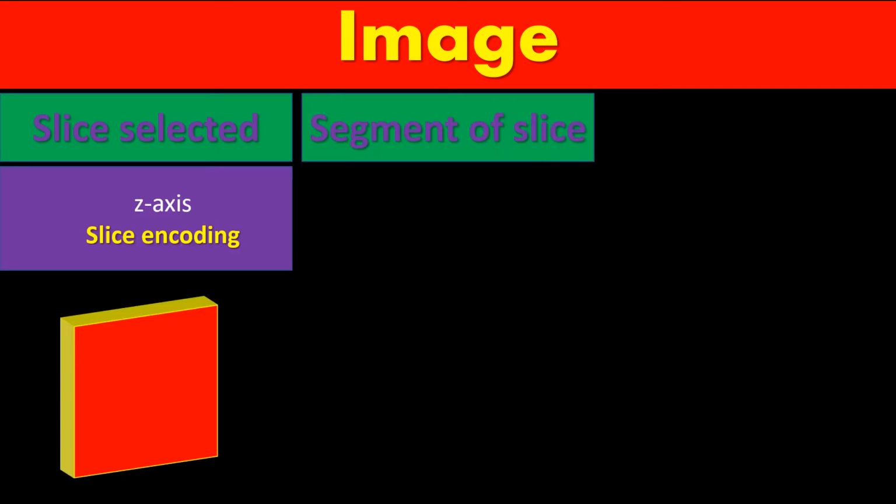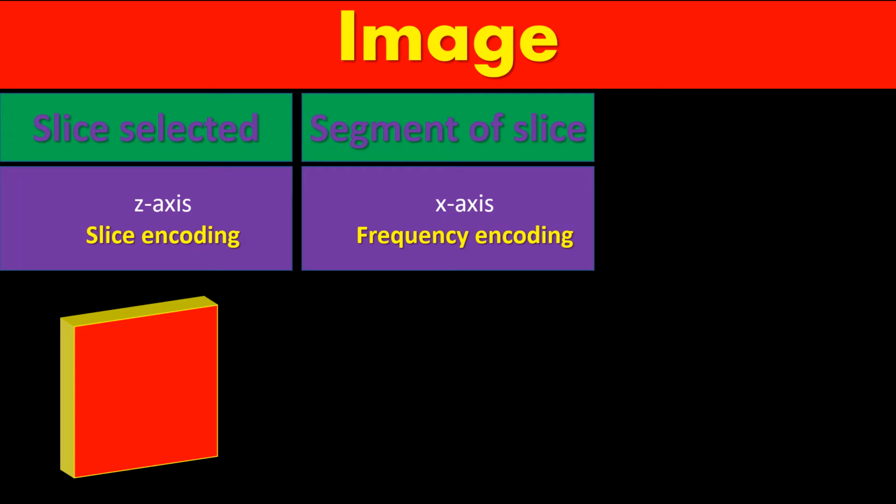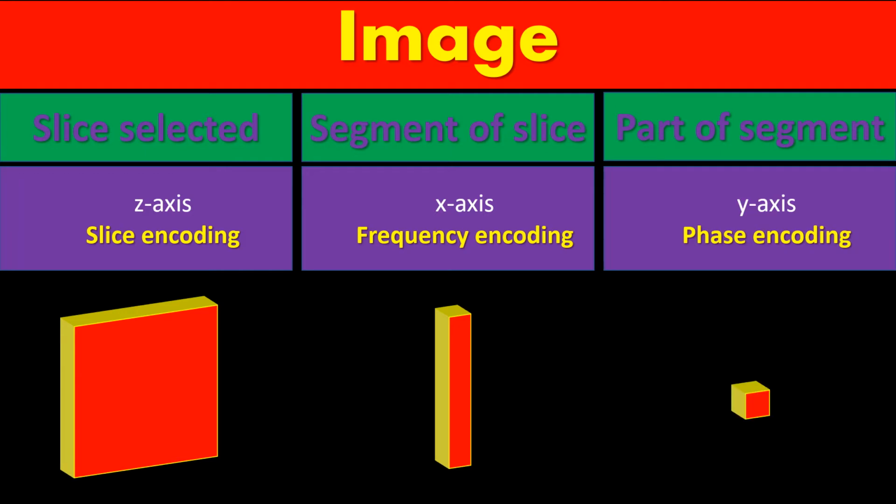First, from the entire body we have to select a slice. From this slice we need to know the signal coming from each stripe, and then the signal coming from each voxel. This is how, from all these parts, we can make an image out of it.